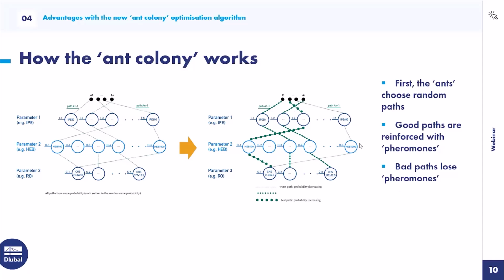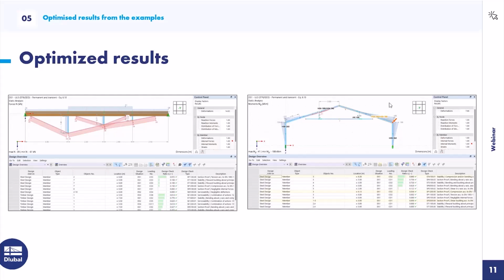If an ant goes a random path here, like for example, with the high profiles, you will get a bad target value, and these pheromones will be removed from paths, so other ants won't likely look here in this neighborhood. Yeah, this points out how our new ant colony gets to good results.